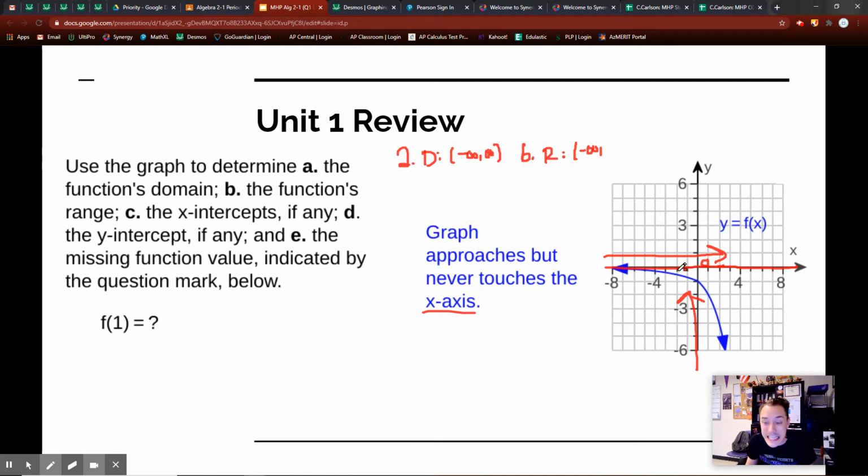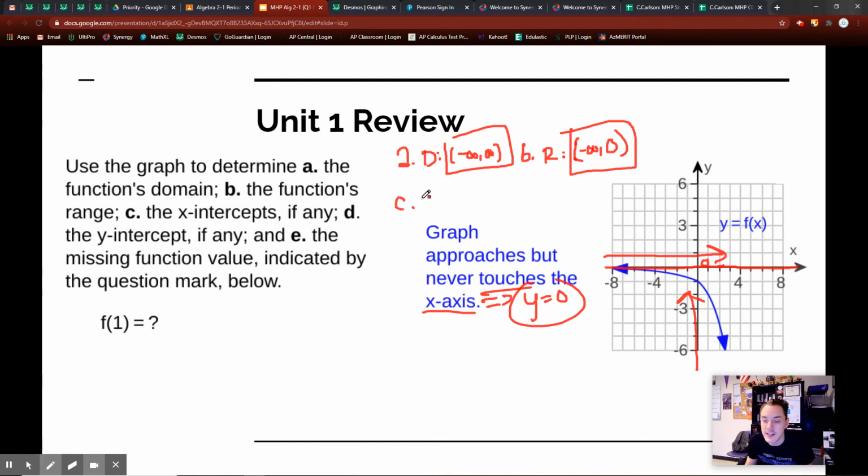The x-axis is y equals 0. Okay, the x-axis is the same thing as y equals 0. They mean the exact same thing. So since it doesn't go past y equals 0, and it never touches y equals 0, is it included? No, so it's 0 with a parenthesis, okay? It's never included. So this is my domain and range.